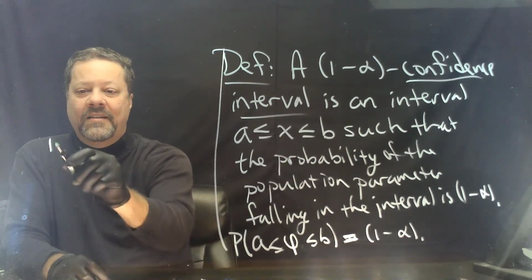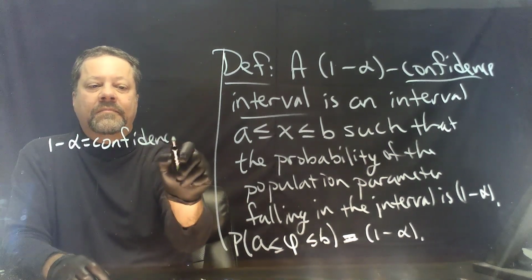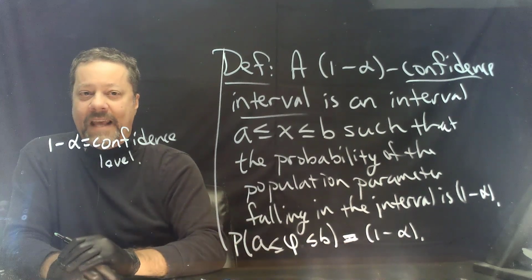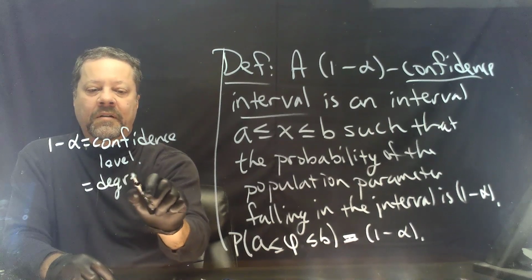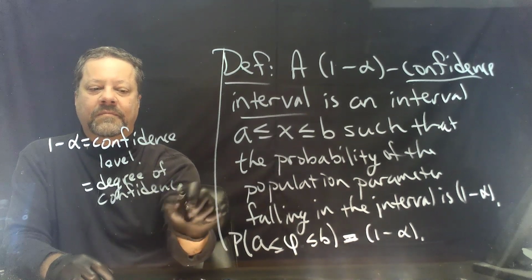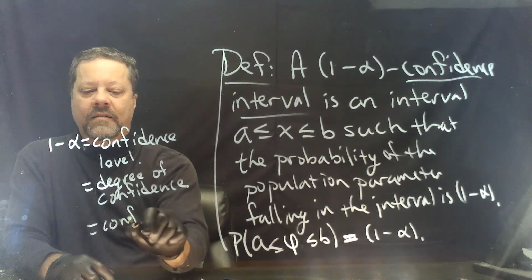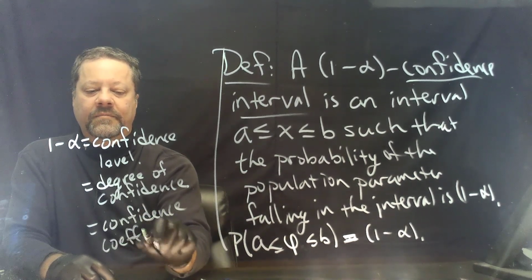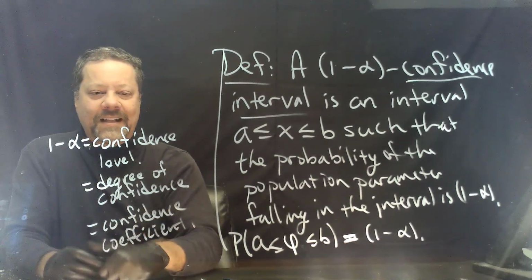In this case, 1 minus alpha is the confidence level, it being the probability, that's how confident you can be, sometimes called the degree of confidence, or even the confidence coefficient. I'd say confidence level is just fine.